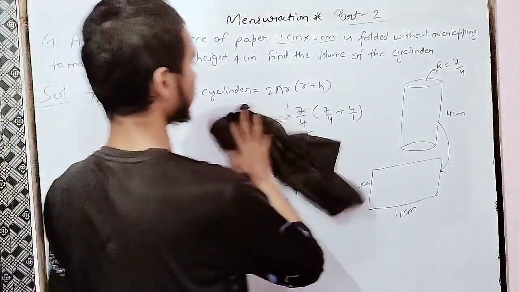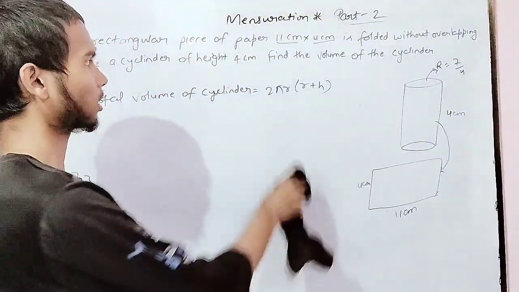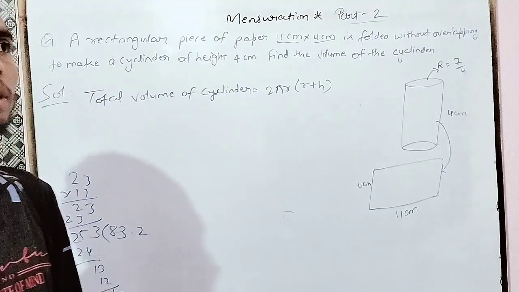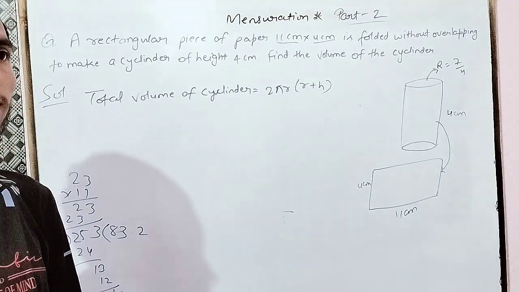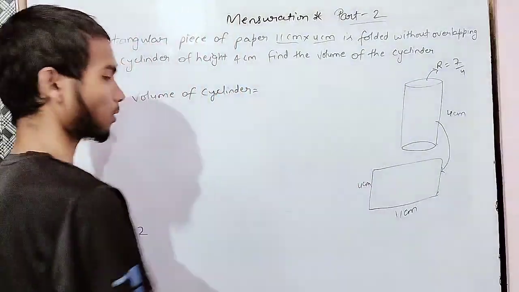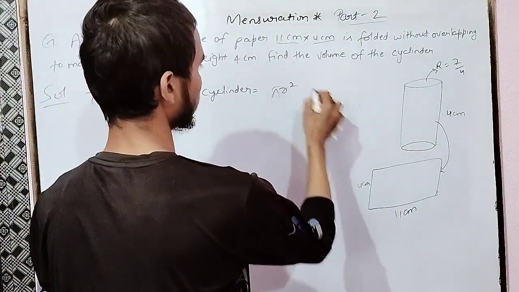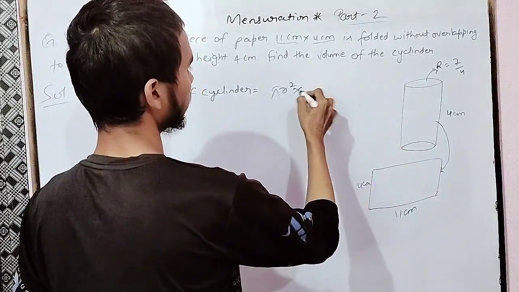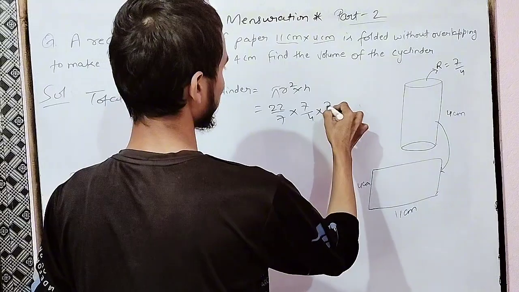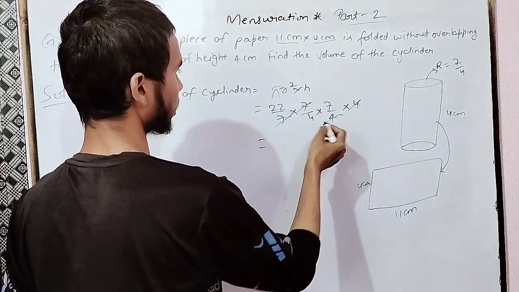Here this is incorrect. This is the formula for finding the total surface area of a cylinder. To find the total volume of a cylinder, it is pi r square h. R is 7 upon 4, h is 4. 4, 4 will get cancelled, 7, 7 will get cancelled.